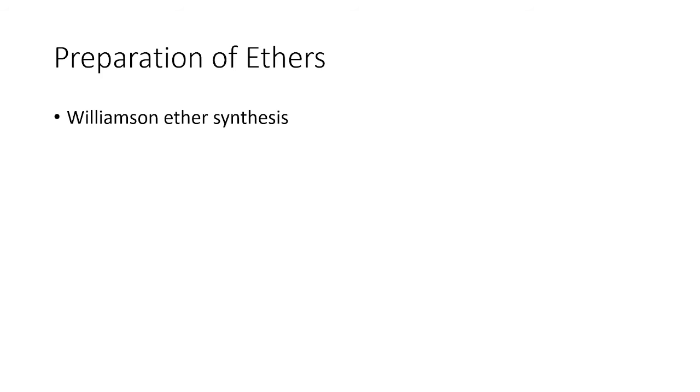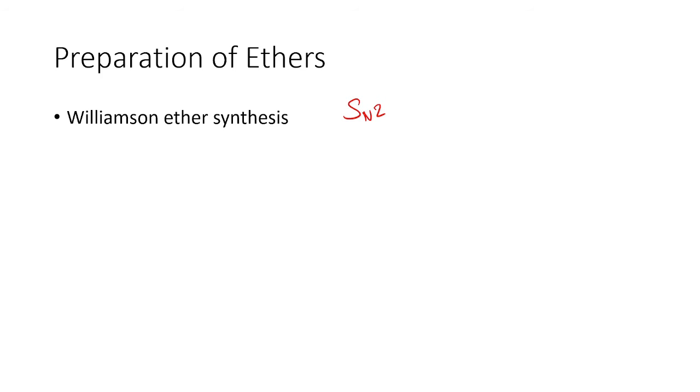By synthesize, ito ay hindi natural na nangyayari. So we have here, ethers can be prepared using what we call Williamson ether synthesis. This is actually a nucleophilic substitution. By nucleophilic substitution, we actually have here an SN2, or bimolecular nucleophilic substitution.